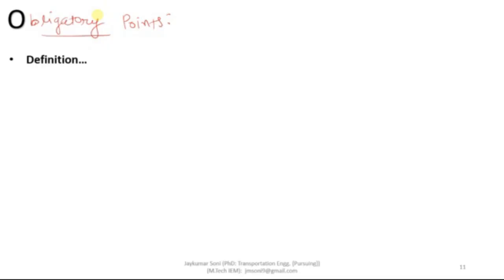These are the points which decide whether the highway should pass this region or not. Means it will govern the alignment. They are mainly responsible for the deviation of highway from its straight location.